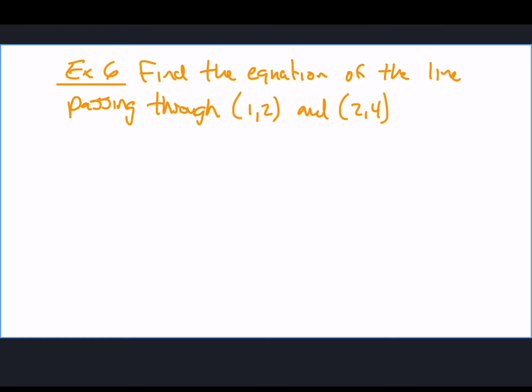It's in the name. Do we have a point and the slope in this question? We do have a point. We just have to work for the slope. We're going to have to use the slope formula and find the slope first. So I'll say that. Find the slope first.